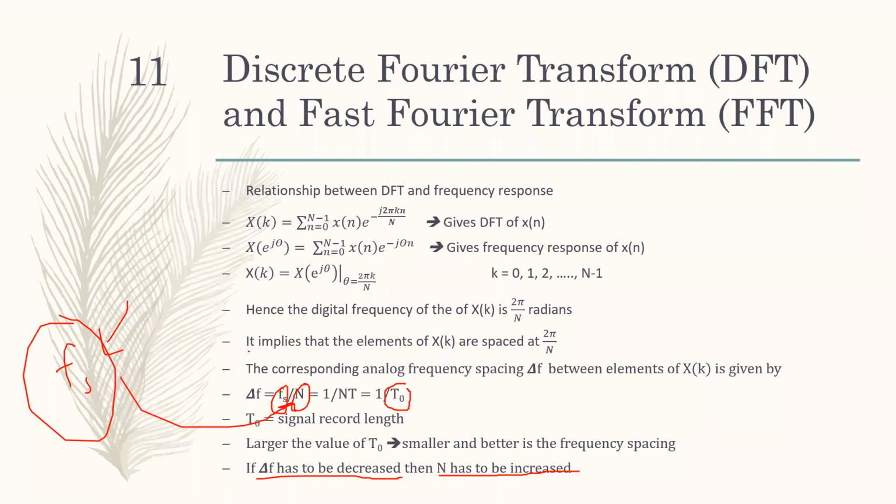If I increase this value N, then delta f will be smaller, that is, the frequency spacing will be smaller. If only a few samples are present, it will be coarse, but if more samples are present, more elements will be available. That is what it implies in this case.